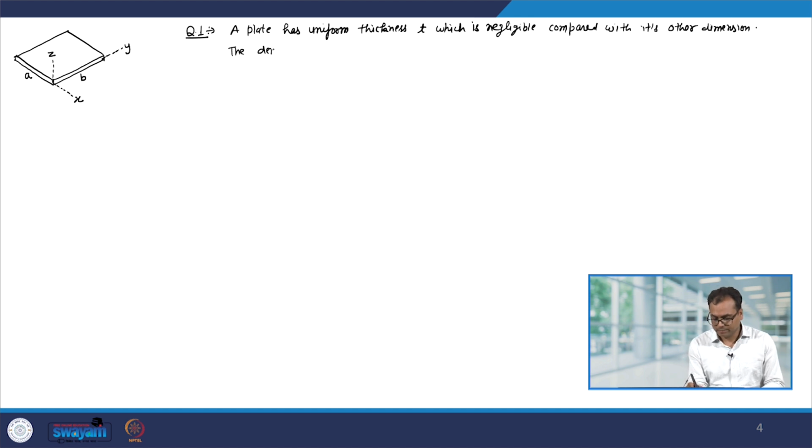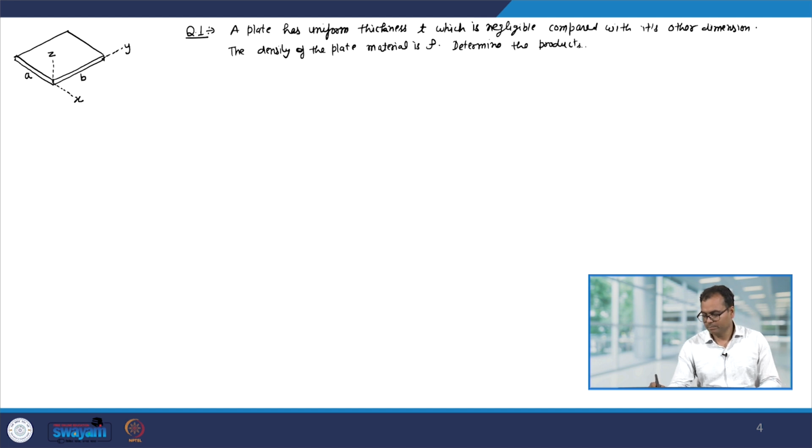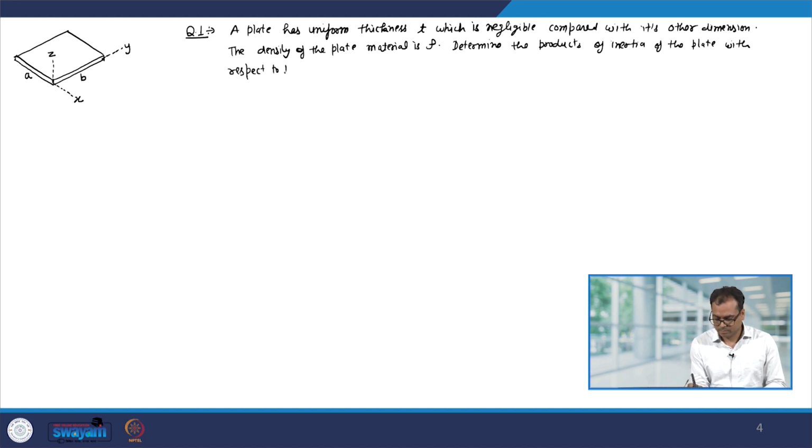The density of the plate material is rho. Determine the products of inertia of the plate with respect to the axis chosen.